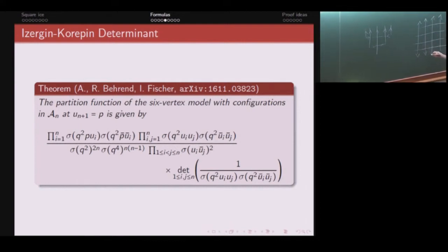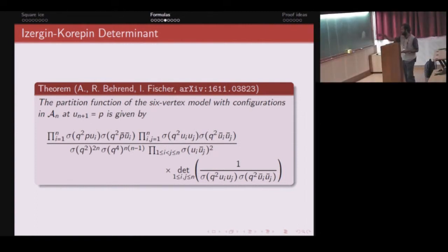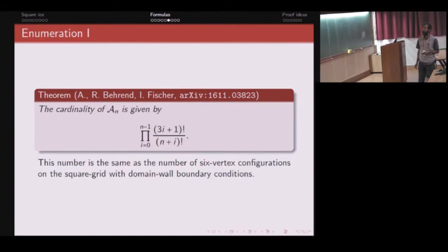So you force all vertical boundary edges to point outwards, and all horizontal edges point inwards, and you amazingly get the exact same determinant. One thing to notice is that the number of vertices is also the same, but there's no obvious reason why this will be true. And this allows us to prove also that the cardinality is given by this beautiful product formula, which is also the same as the number of six-vertex configurations in this domain.